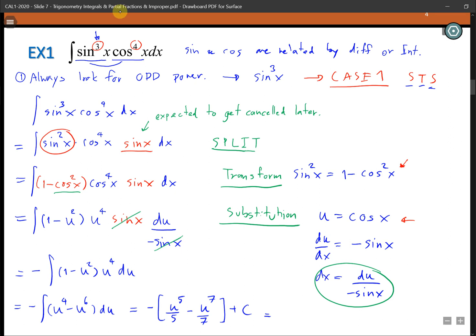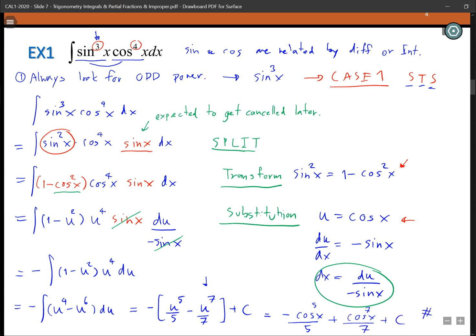Here we have u equal to cosine of x, so this becomes minus cosine of x to the power of 5 divided by 5. Looking at this, minus with the minus in front, it becomes plus. u to the power of 7, that is cosine of x to the power of 7, divided by 7, plus c.